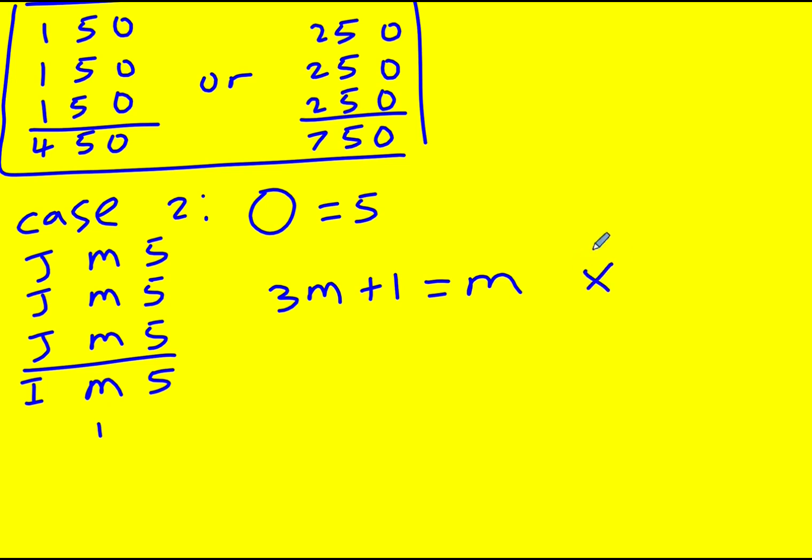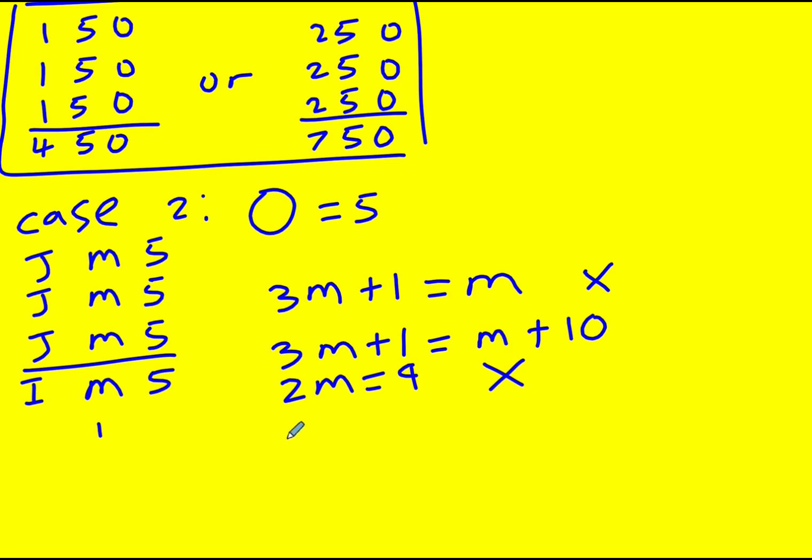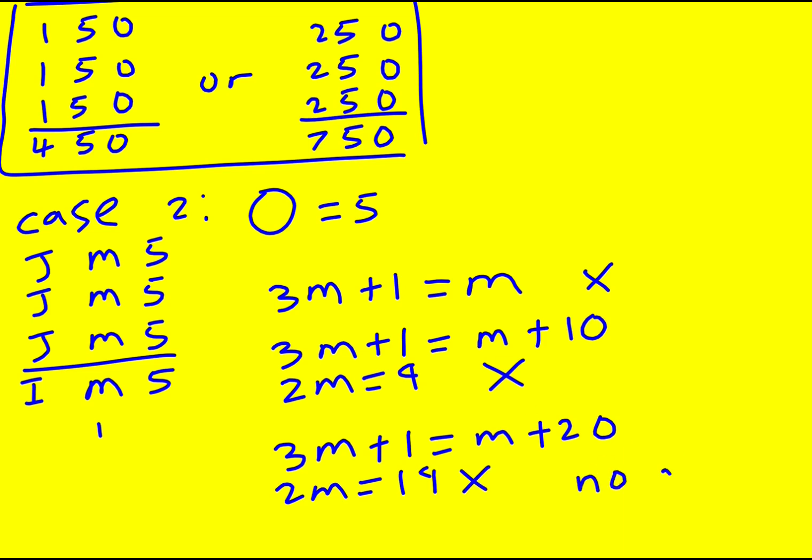So reject that one. So it's going to have to be M plus 10. But then I'd get 2M equals 9. That's also not possible. I suppose we could try 3M plus 1 is equal to M plus 20, but we're going to get into similar difficulties. 2M would then equal 19. Okay, so no other solutions.